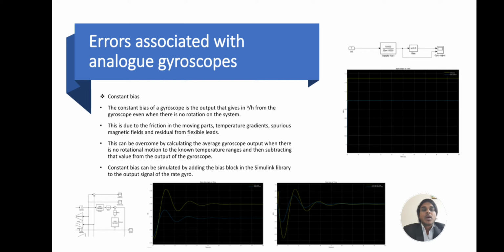This can be overcome by calculating the average gyroscope output when there is no rotational motion for known temperature ranges, and then subtracting the value from the output of the gyroscope. Constant bias can be simulated by adding the bias block in the Simulink library to the output signal of the rate gyro.